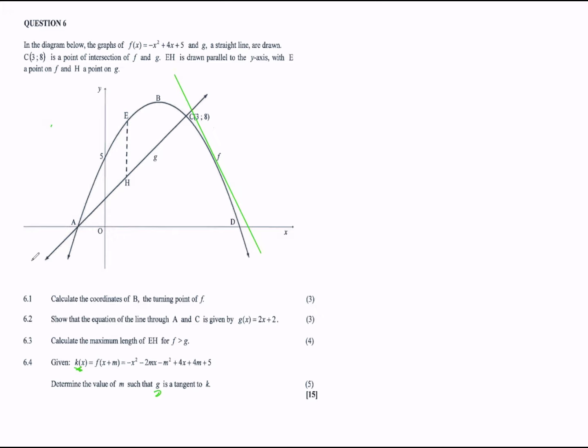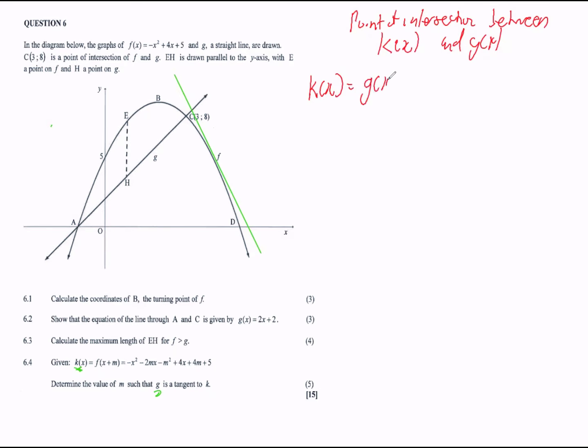So, okay, first thing. There will be a point of intersection between k of x and g of x. So that means I must have what? k of x is equal to what? g of x, right?